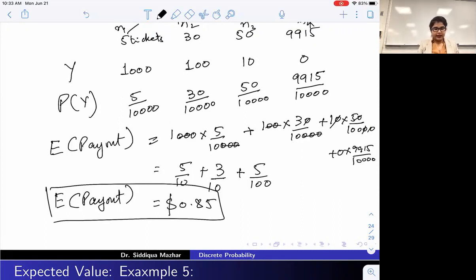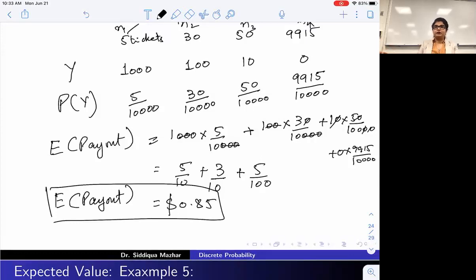So if they sell 10,000 tickets, and they get a profit of 15 cents on each, it will be around $1,500. This is not a good deal for you, but they are going to get the profit.